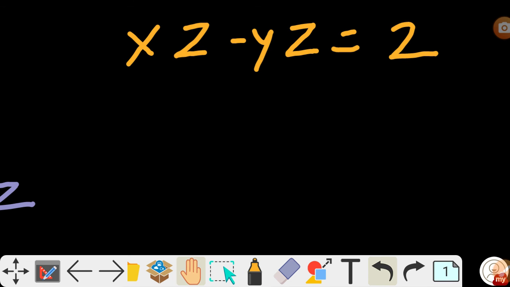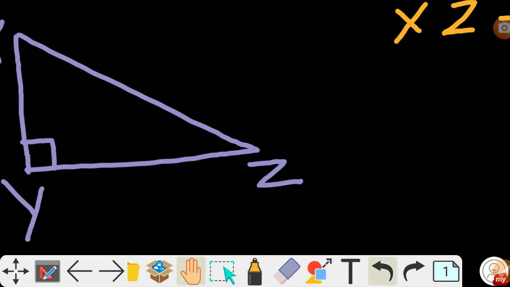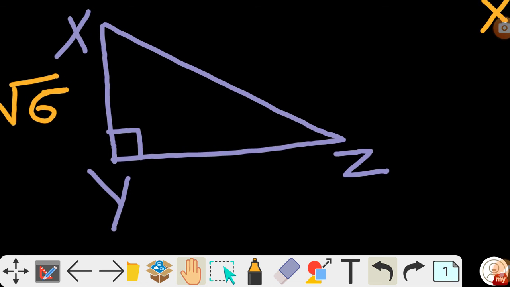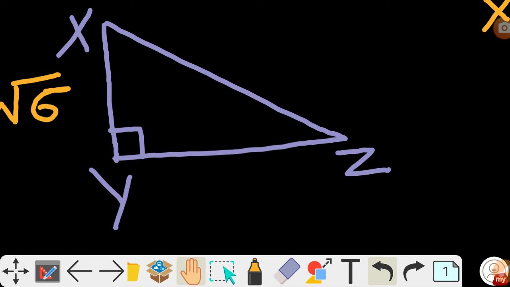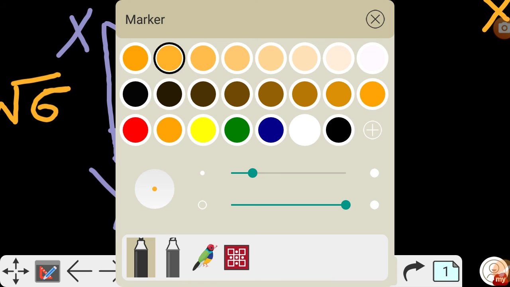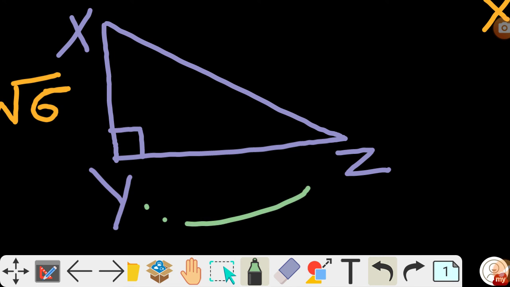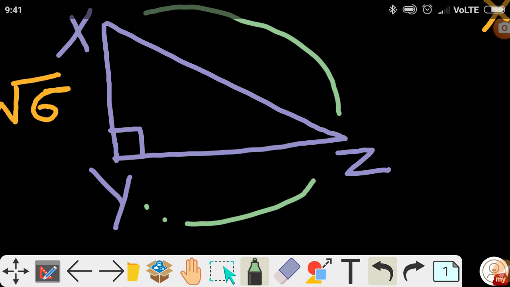So how do we calculate the values of sides YZ and XZ? Without calculating the values of YZ and XZ, how can we calculate sec x plus tan x? Everything requires sides XZ and YZ.